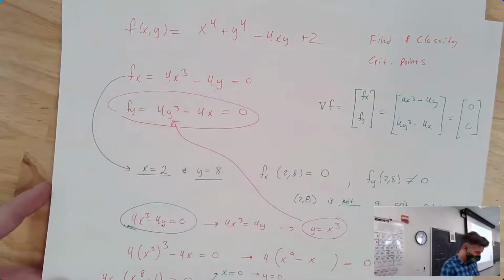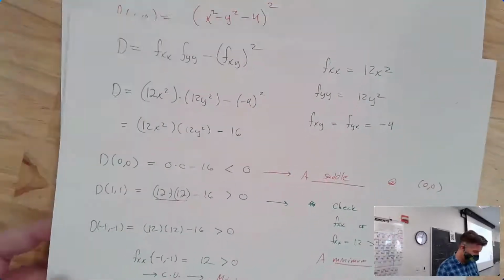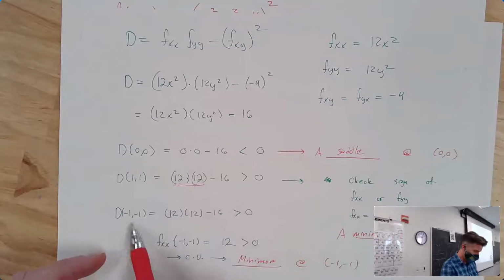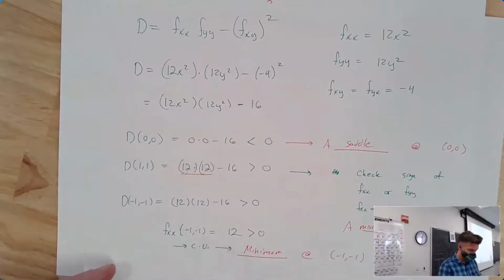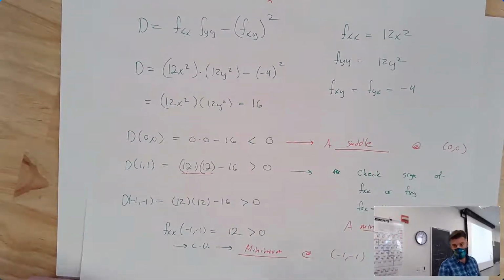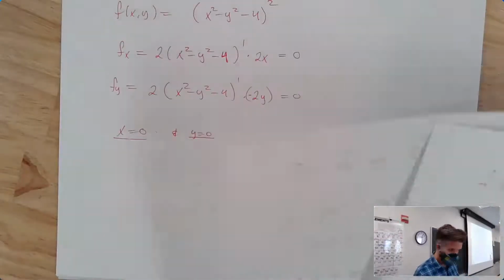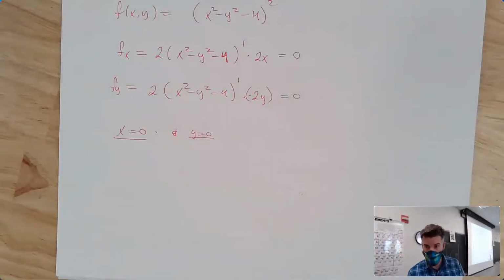Then I got 12 when I plugged in the point negative 1, negative 1. So when I plugged in negative 1 into 12x squared, I got just 12. Hopefully that clarifies things a little bit.